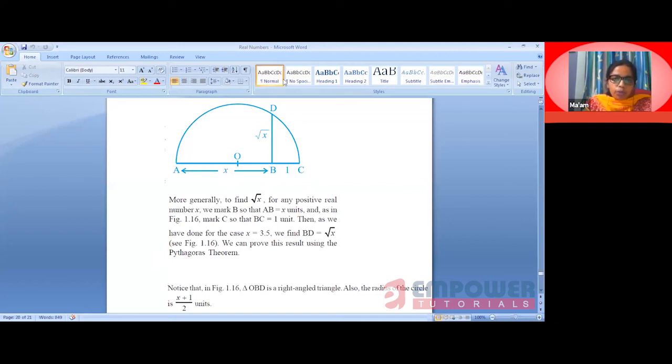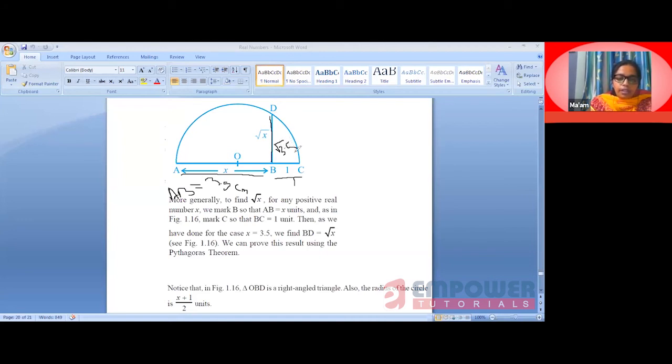Let's say this represents 3.5. They have taken BC as 1 centimeter and AB represents 3.5 centimeter.